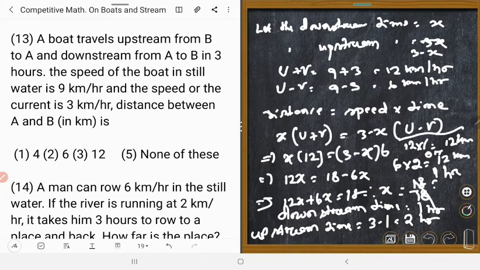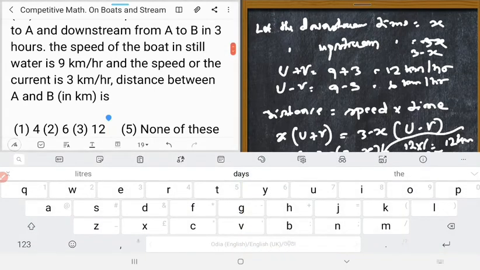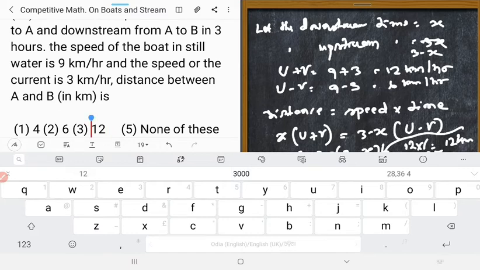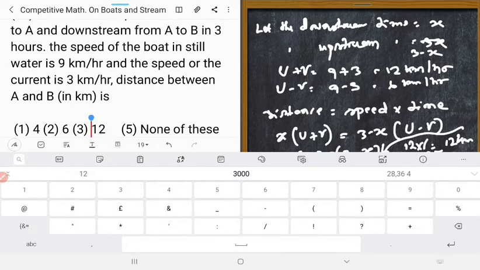Could you understand? What is asked? Distance is asked. Distance is 12 kilometer. Which is correct? Tell me. Number 4.